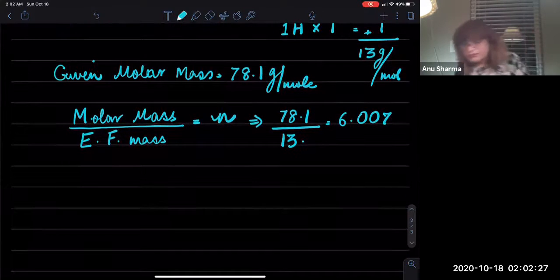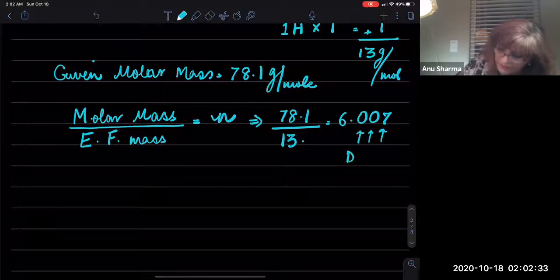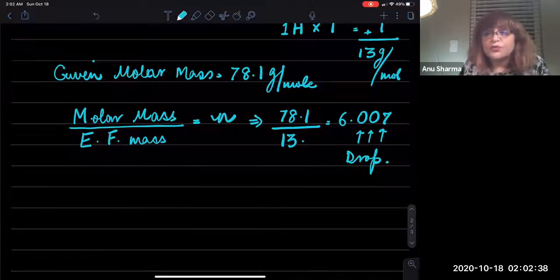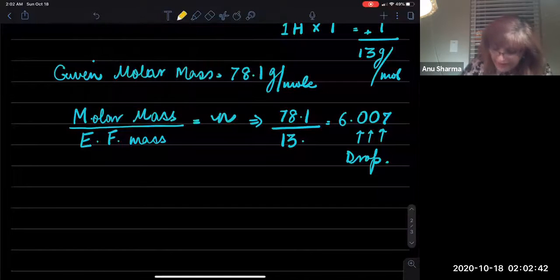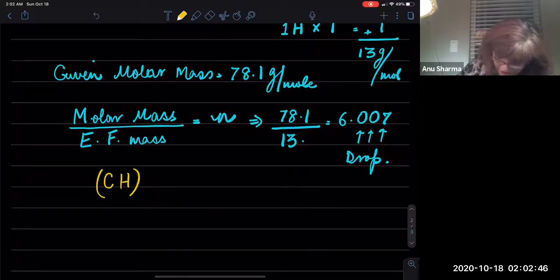You can drop off these numbers, because we need a simple whole number ratio, and it's okay to round down or up a little bit at this stage. So now we have CH times 6. That is the value of N. N is equal to 6.